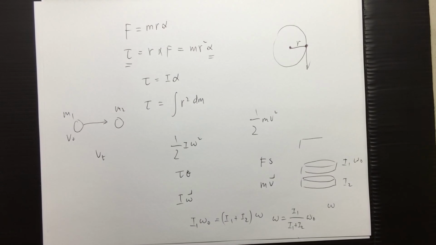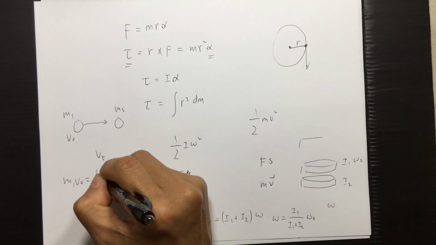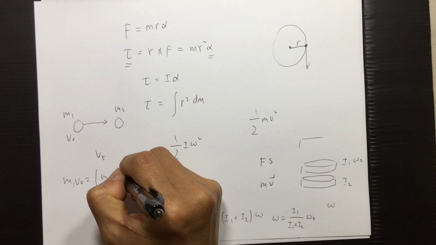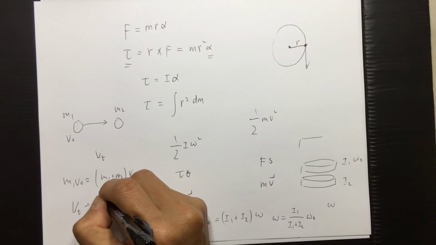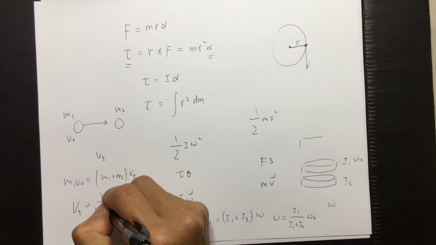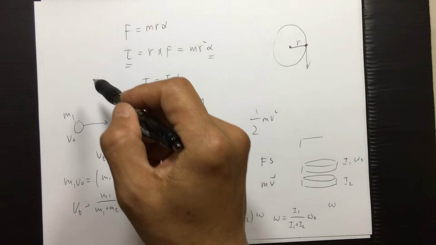M1 V0 equals M1 plus M2 times V. This is conservation of momentum. The angular momentum is also conserved, so it looks exactly the same way.